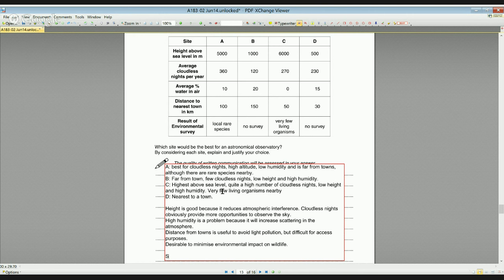I'm going to go for site C is the best. It doesn't really matter too much which one you choose, but you've got to justify it.